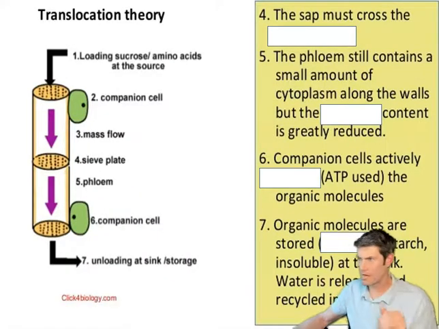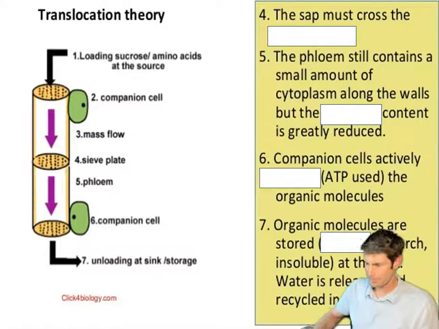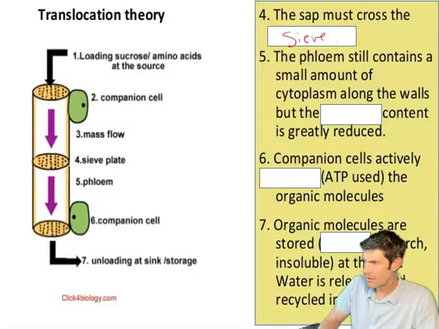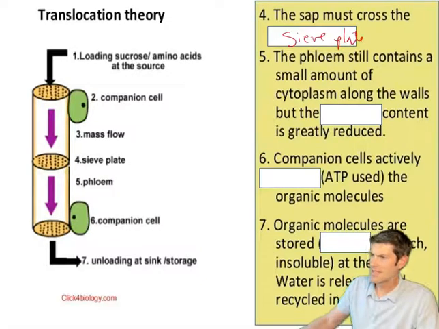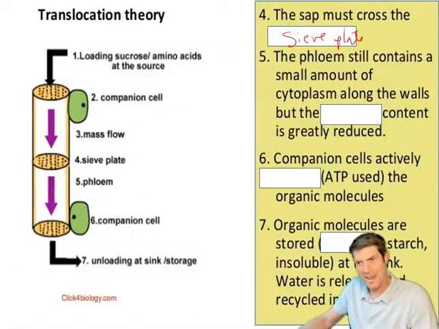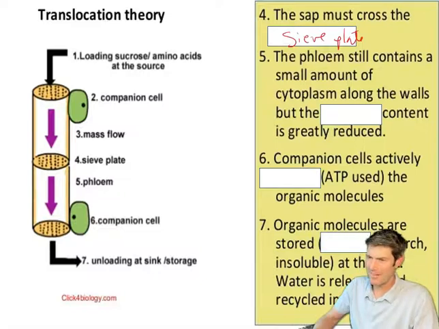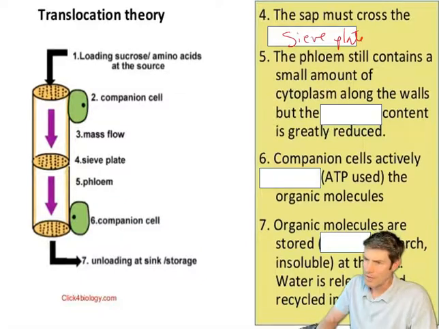And here to finish up translocation theory, the sap has to go across the sieve plate. It's the same as the last one. Hold on. Yeah, I forgot to separate those two, but I'll show you anyway. Like I mentioned before, along here, there's not much cytoplasm content.